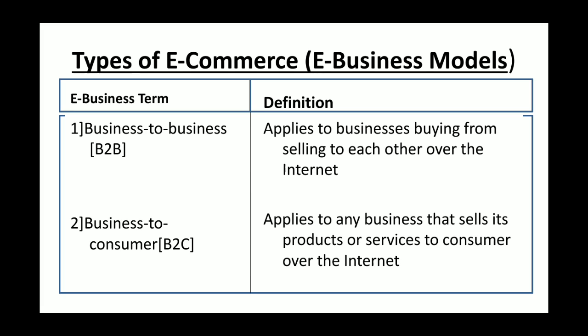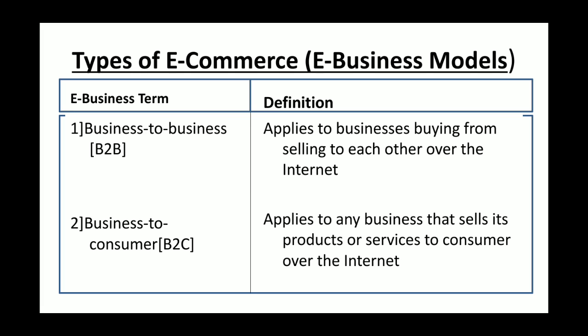Second type is business to consumer. Here it applies to any business that sells its products and services to consumers over the internet. The customer is the main person here. The customer will purchase things from different online business websites.